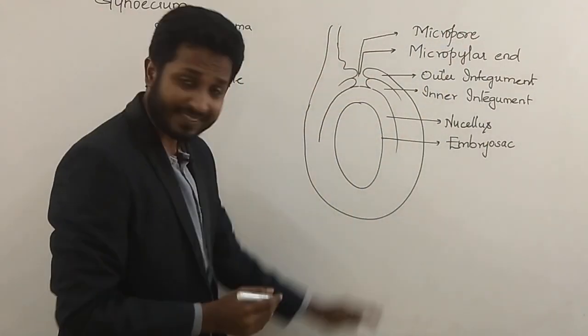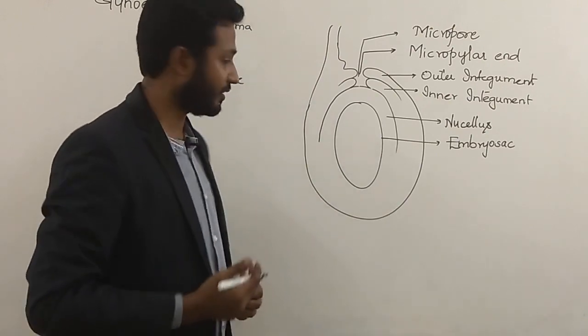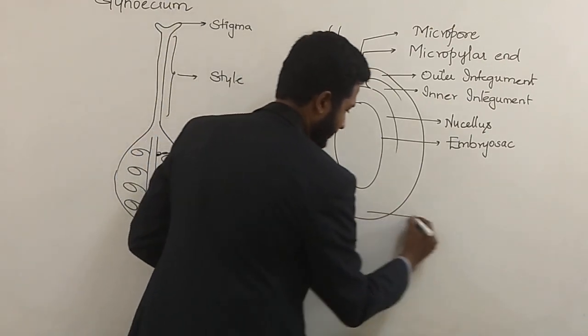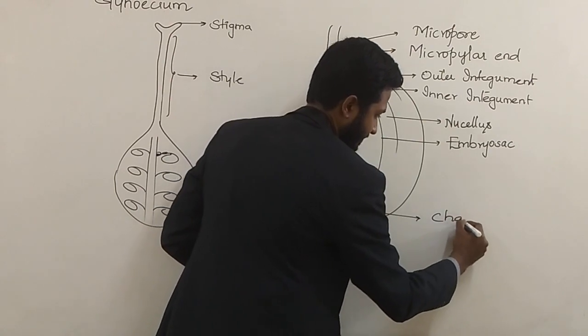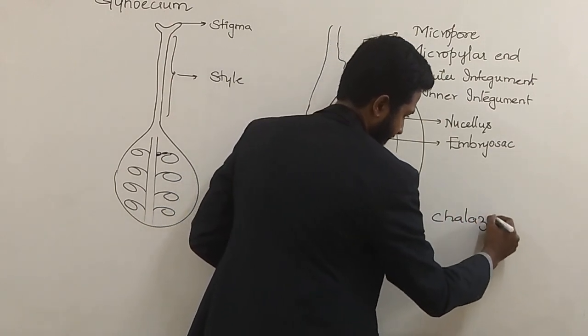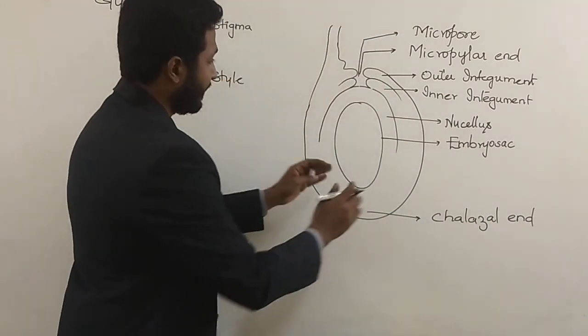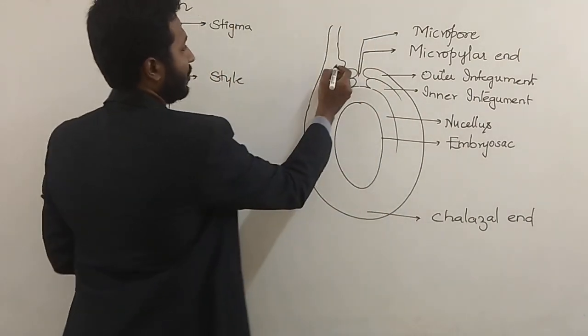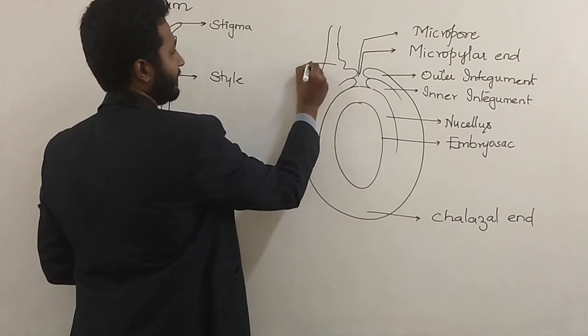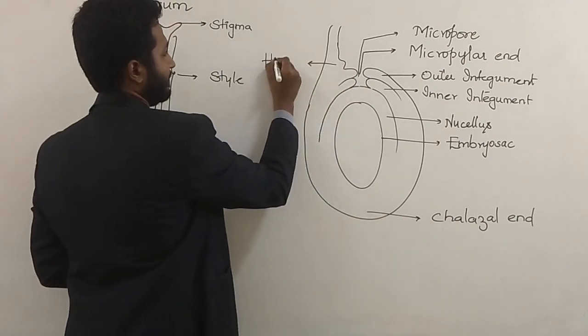Then the basal part, the lower part of this particular ovule is known as chalazal end. If we move towards this region, as I told you, the swollen part is known as hilum.